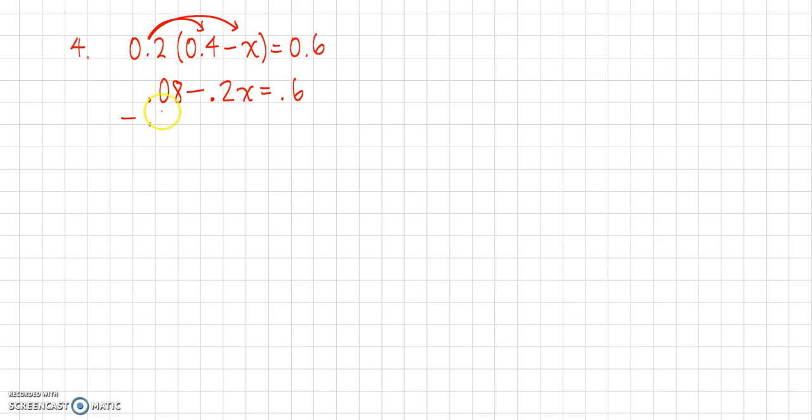Then we're going to subtract 0.08 from both sides. And that gives us -0.2x equals 0.52. Divide both sides by -0.2. And the answer is -2.6, which is E.